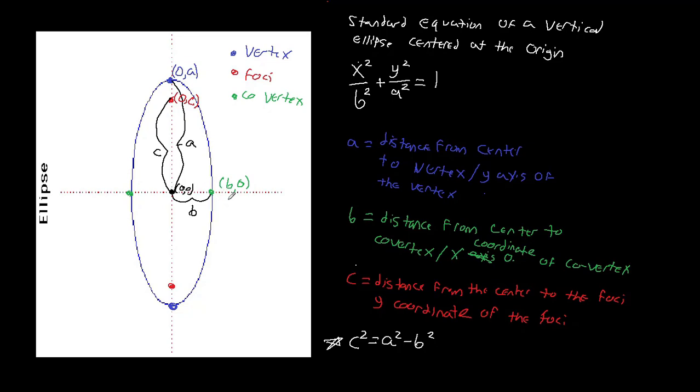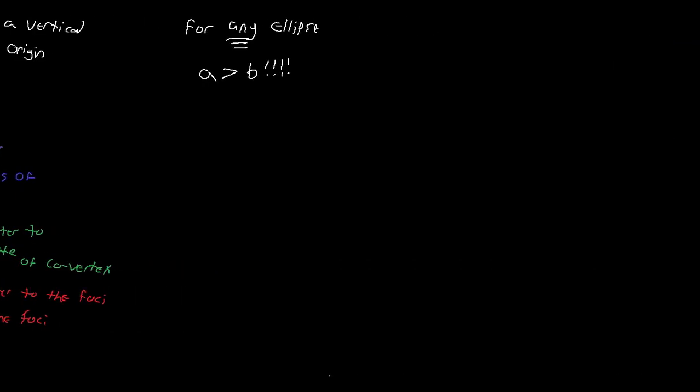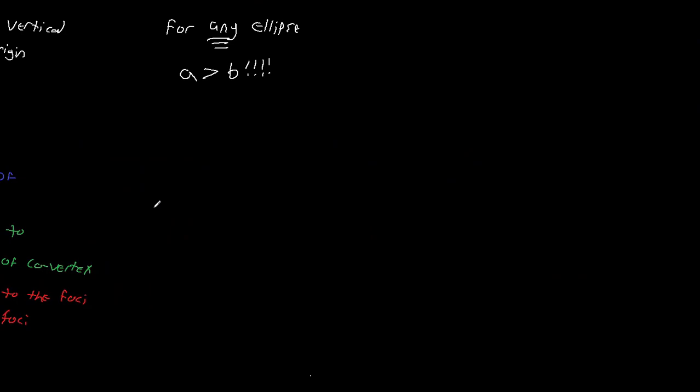This distance would become a. Hopefully that didn't break your mind too much. But the way we've defined the ellipse, with the major axis always being the one that cuts through the longest direction, means that no matter what we do, for any ellipse, a will always be bigger than b.